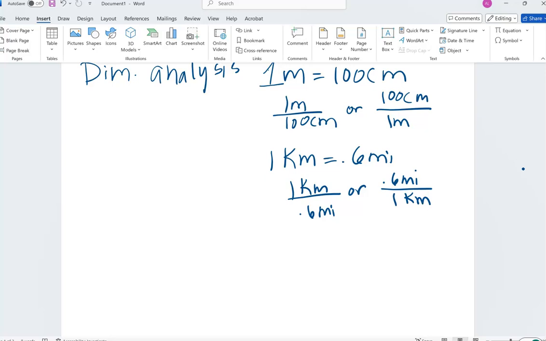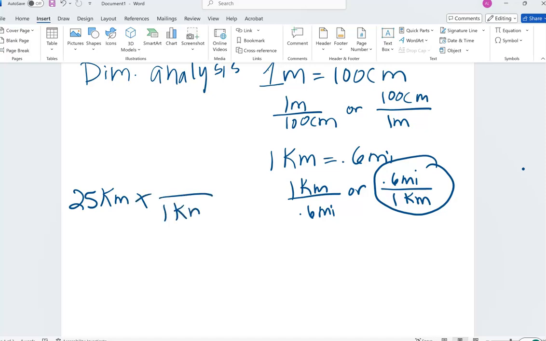So for instance, if I said I ran 25 kilometers last weekend, and I wanted to know how many miles that was, I would choose the correct conversion factor. I'm going to use this one because I want to get rid of kilometers and be left with miles. So I'm going to set it up like this: 1 kilometer is equal to 0.6 miles.